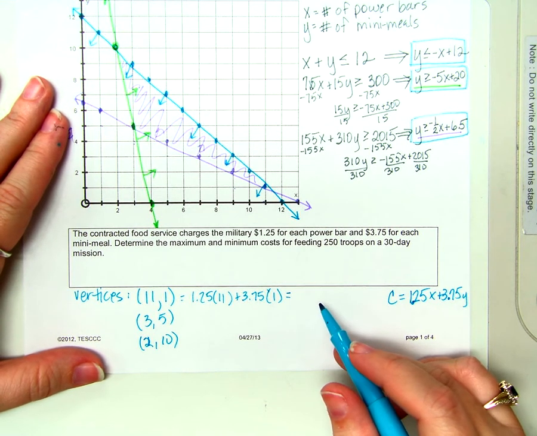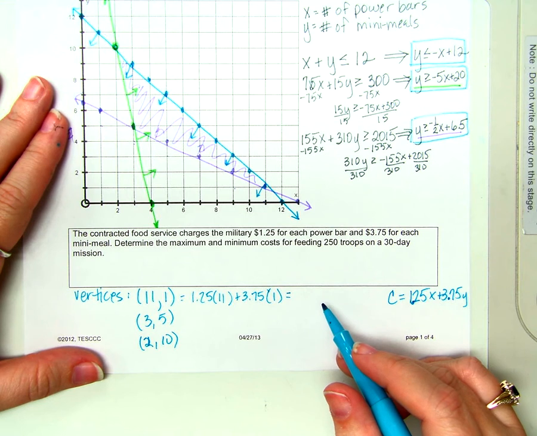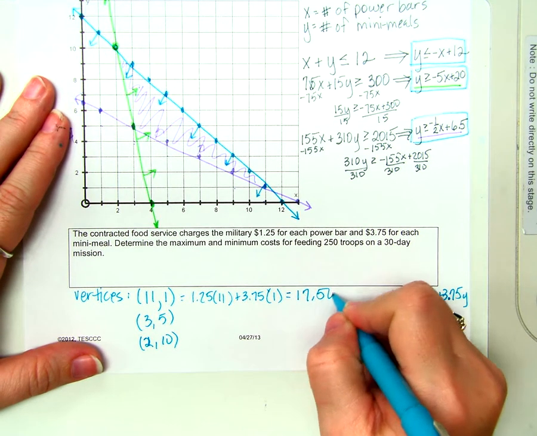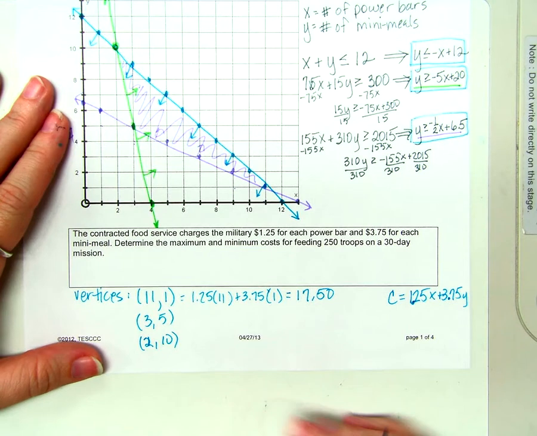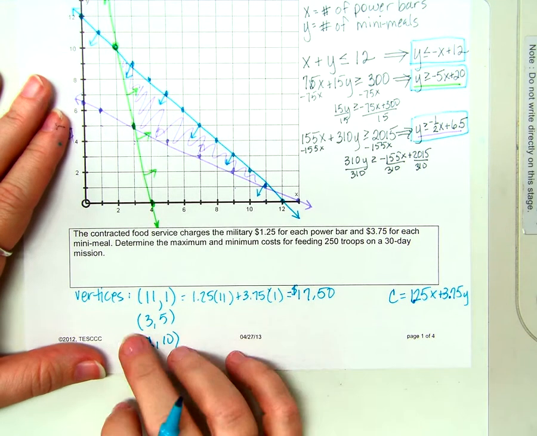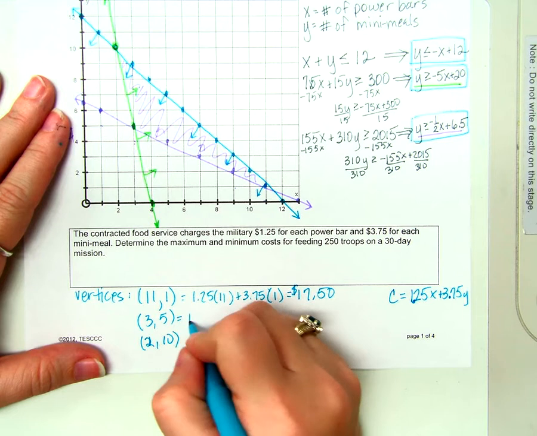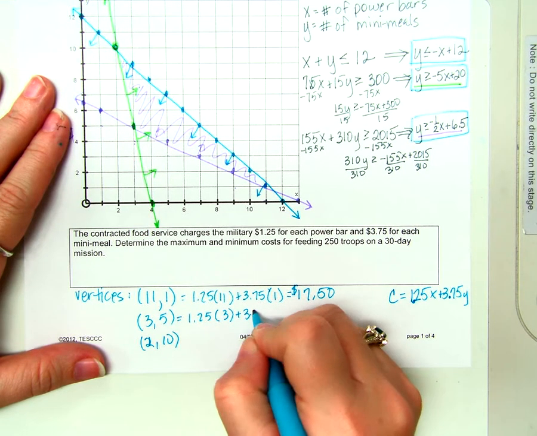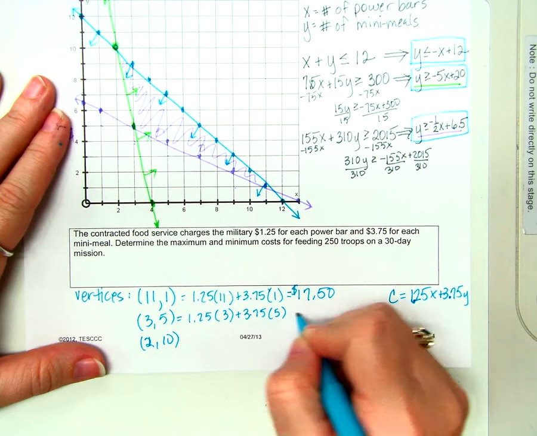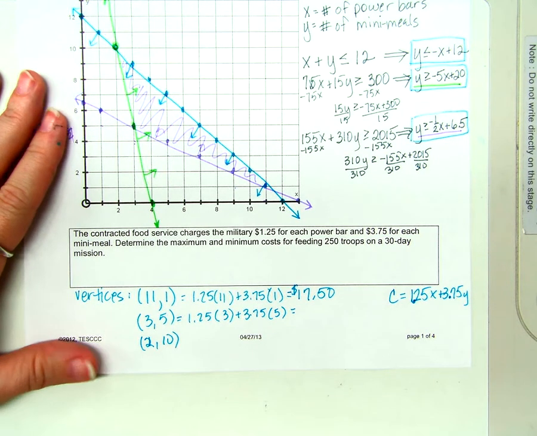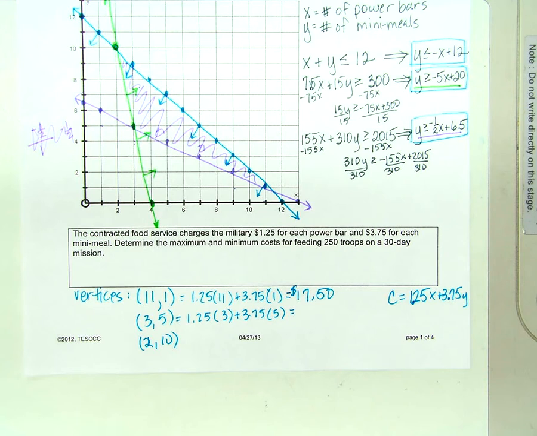Which one's this one? 17.50? This is money, isn't it? It's a cost equation. Okay, so what about 3, 5? I have $1.25 times 3 plus $3.75 times 5. What?